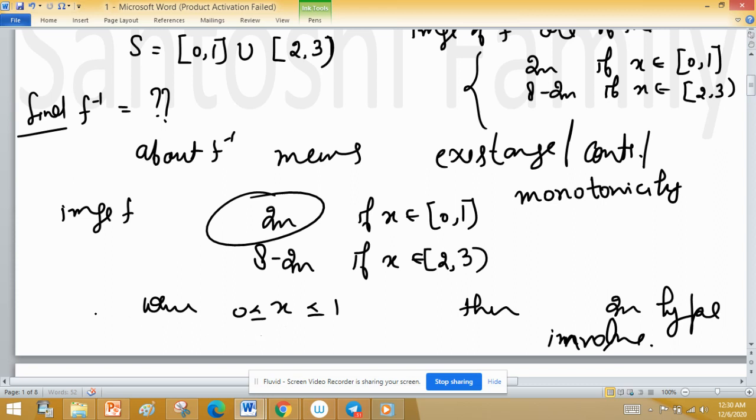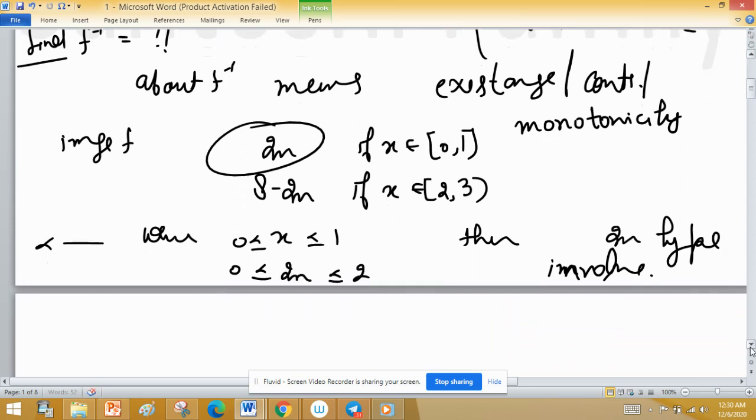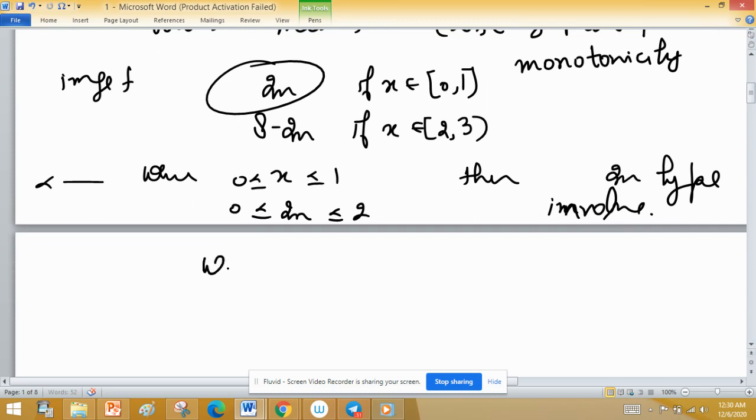Multiply this inequality by 2, and because 2 is positive, the sign of the inequality doesn't change. So 0 is less than or equal to 2x, which is less than or equal to 2. It means we have found some images.